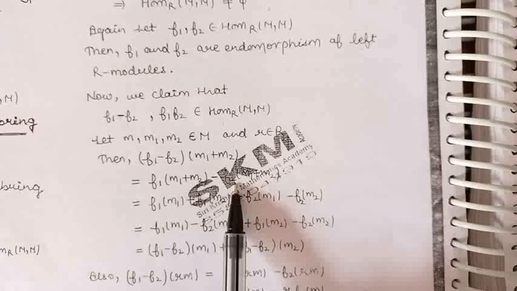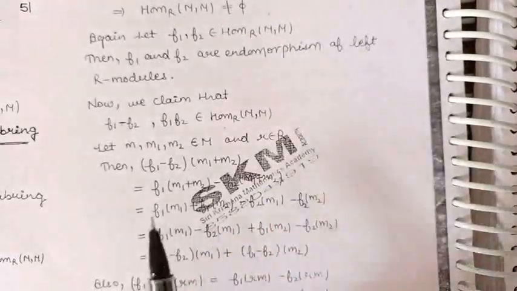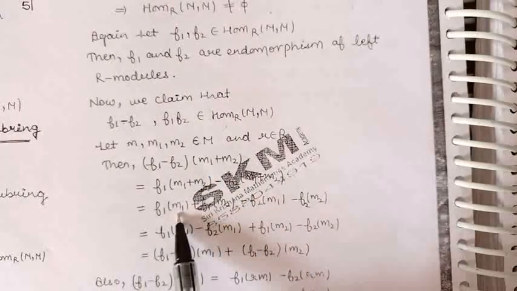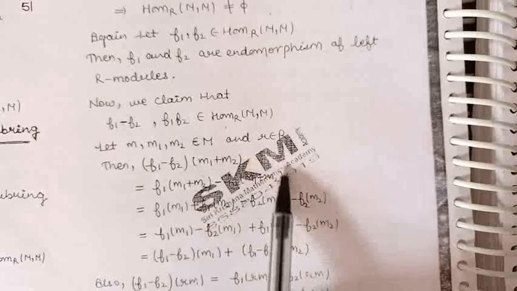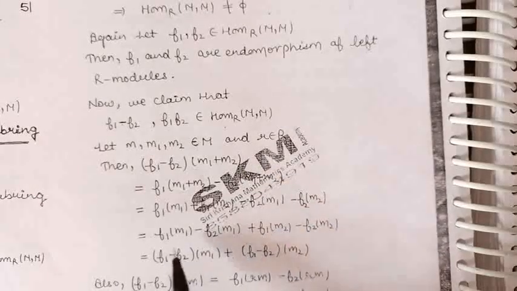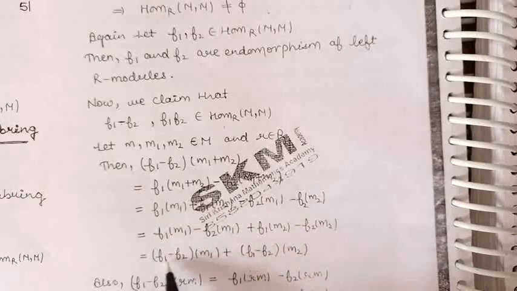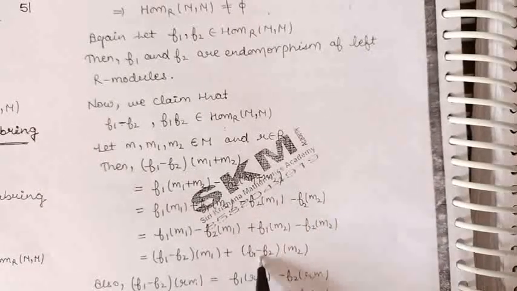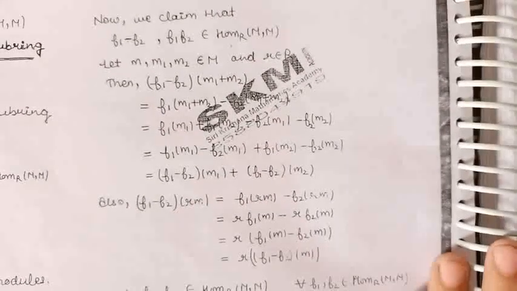Because F1 and F2 belong to the set of R homomorphisms of module M, by definition of homomorphism, this can be written as the image of M1 under F1 plus the image of M2 under F1, and this can also be written in the same way for F2, and we can combine these terms. This will give us the image of M1 under F1 minus F2, plus the image of M2 under F1 minus F2. So our first condition for module homomorphisms is satisfied.